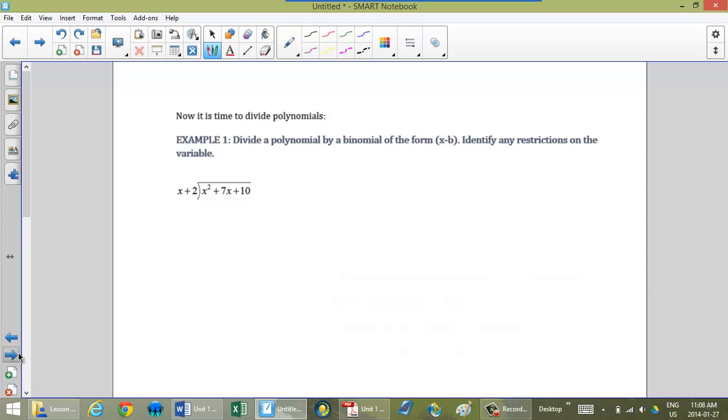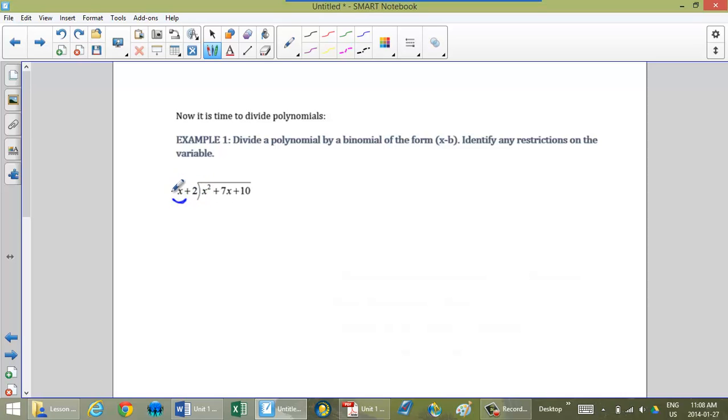For the first example, we have to divide a polynomial by a binomial of the form x minus b. I don't want you to concern yourselves with anything past the x value. That plus 2 is like baggage that x carries with it, and right now we're not going to concern ourselves with it.